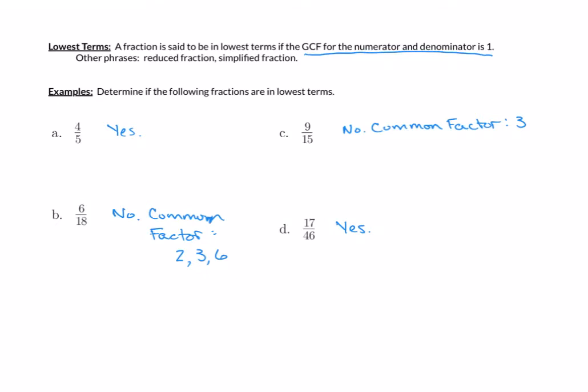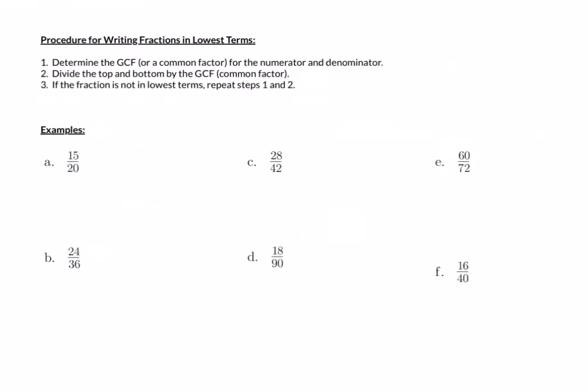So when we talk about writing fractions in lowest terms, this is going to be the first thing that we want to know, is what is the common factor, or the greatest common factor. So in order to write a fraction in lowest terms, the first thing we're going to do is determine the GCF. That's our goal. If you can find the GCF, you can do this in one step.